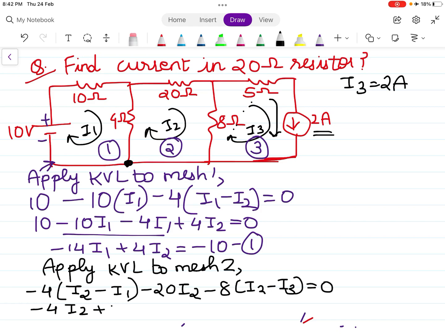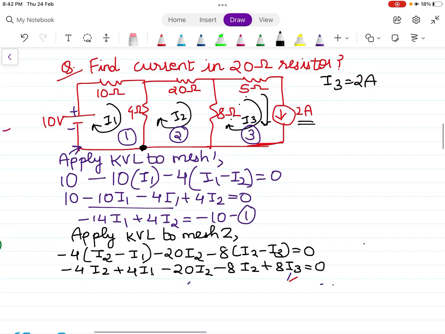Minus 4 I2 plus 4 I1 minus 20 I2 minus 8 I2 plus 8 I3 equal to 0.